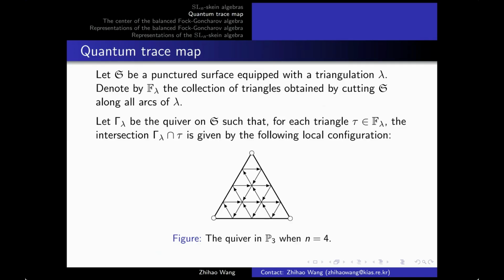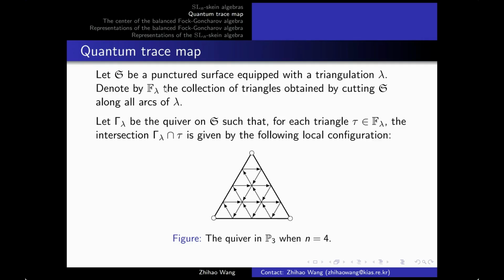To define a quantum torus, we need an integral anti-symmetric matrix, which is the same as defining a quiver. So now let's look at how to get a quiver, or how to get an anti-symmetric matrix, to define the quantum torus or the target space.